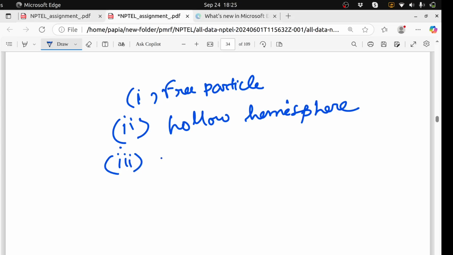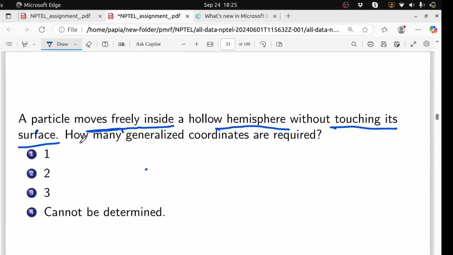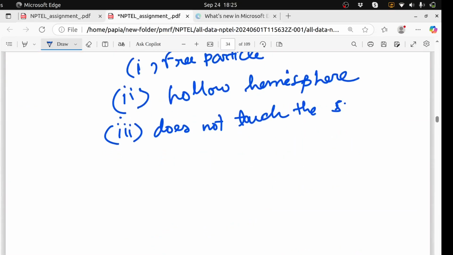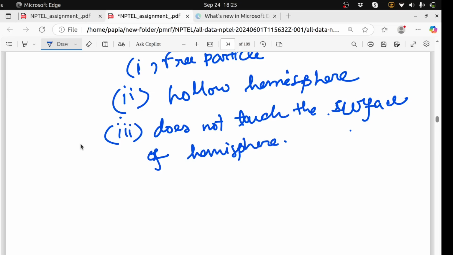And another one is that it does not touch the surface of the hemisphere. Okay, these three were there, right?